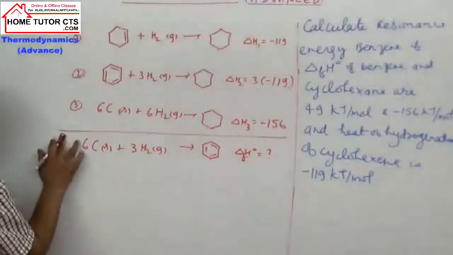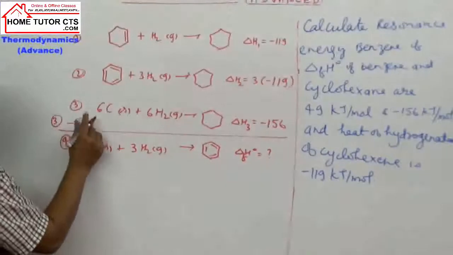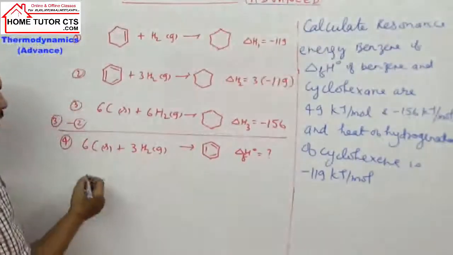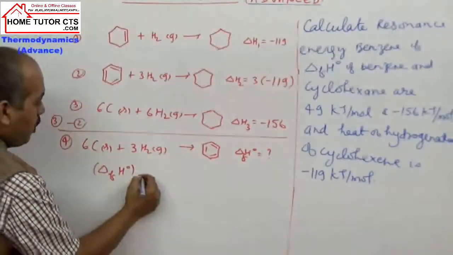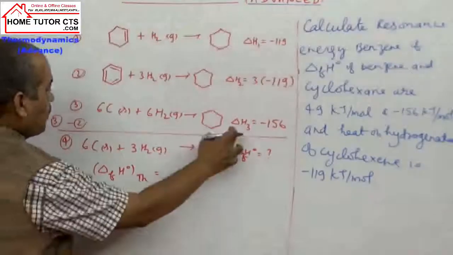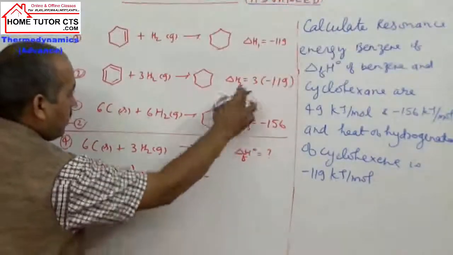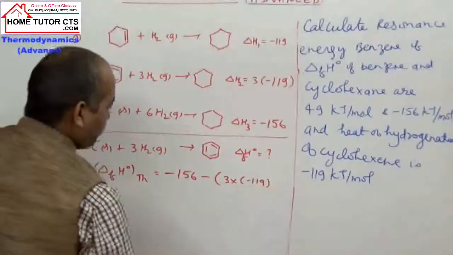How to get this equation number 4? If I rearrange, equation number 3 minus equation number 2 can give equation number 4. So delta H naught formation of benzene will be how much? This value found is theoretical. Delta H3, that is minus 156 minus 3 into 119.